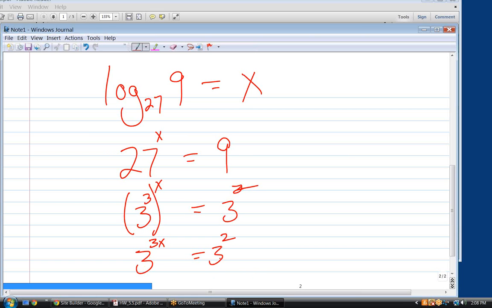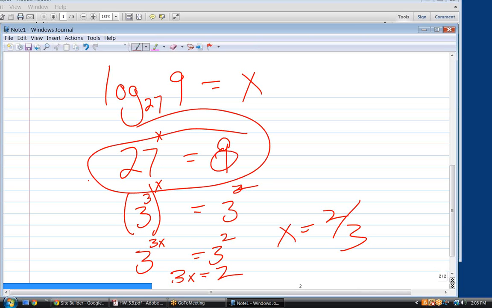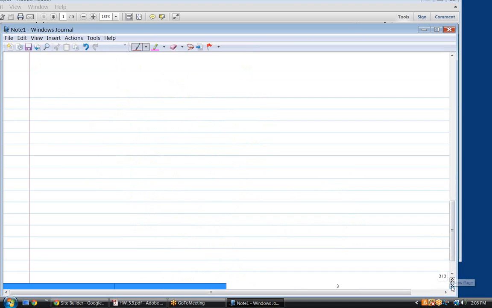Because I have the same base and different exponents, I can equate the exponents. 3x equals 2, so x equals 2/3. Make that 8 or make that 26, and the only way to solve it would be with a calculator. The only reason we can solve these without a calculator is because they have a common exponential base. Let me give you another one just to make sure you understand.